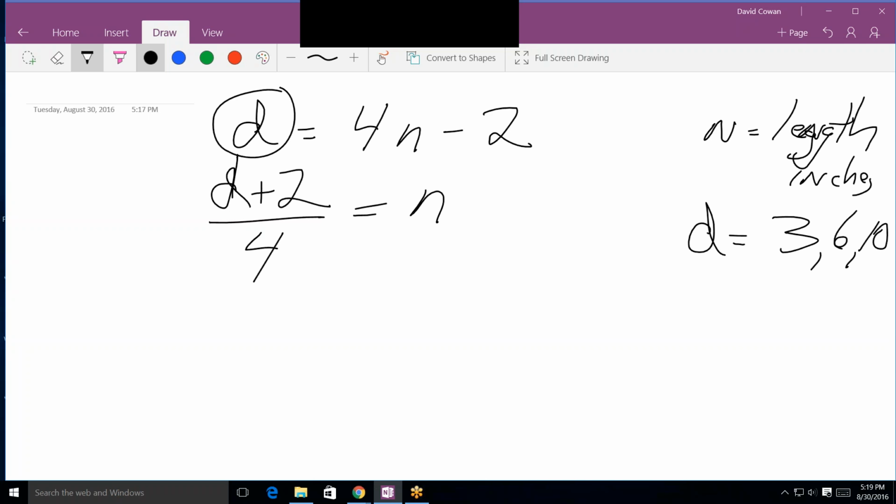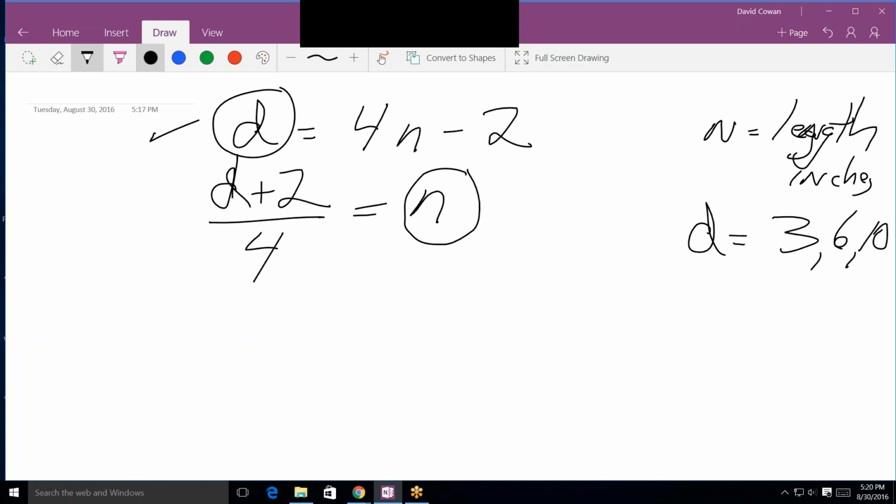Hold on, I'm going to substitute 3 for d. Well, remember we're solving for n. What you're doing is going back to the original equation. Oh, yeah, sorry. We're trying to solve for n, not d. No problem.